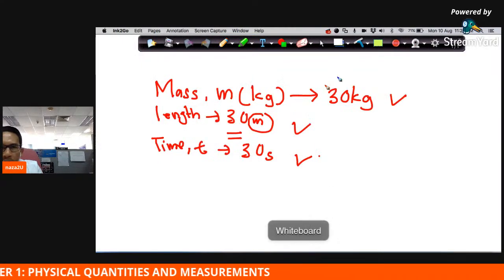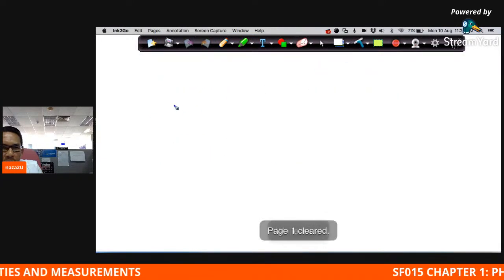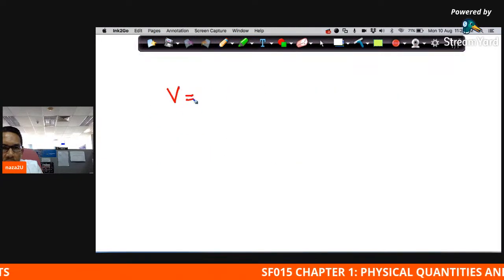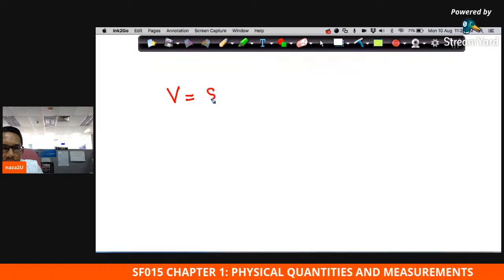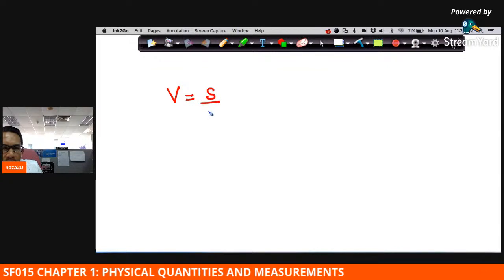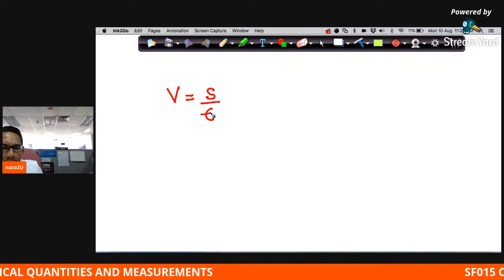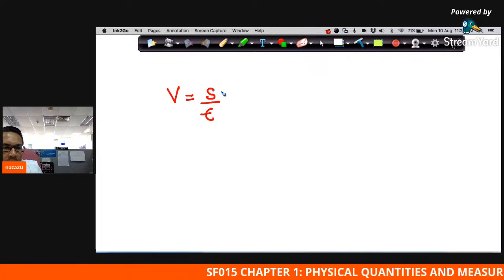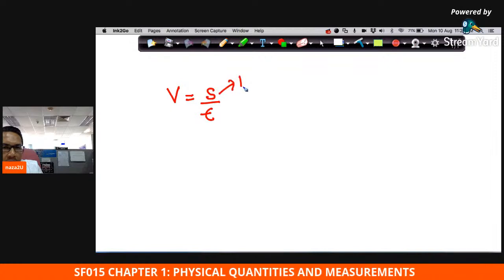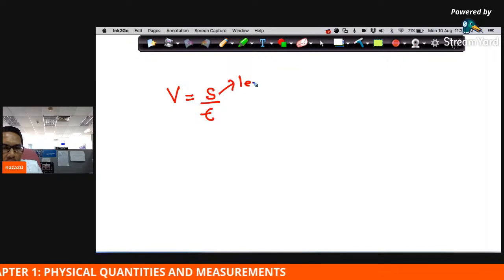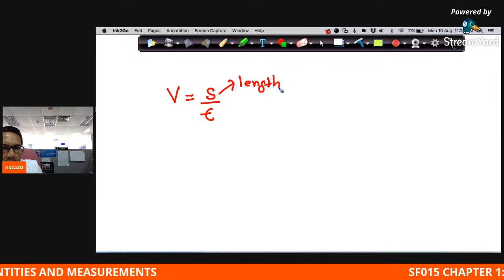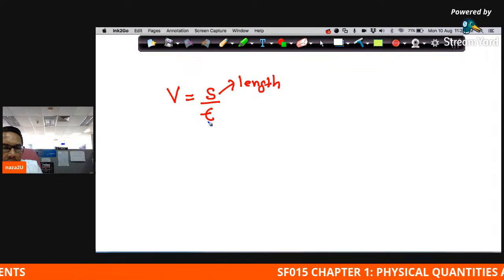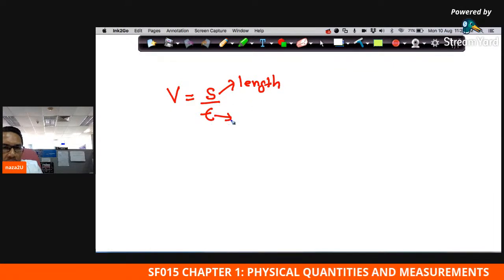So velocity here is distance or displacement s divided by time t. S is a displacement or distance. If you refer to the basic quantity, it is the length, and the time t.